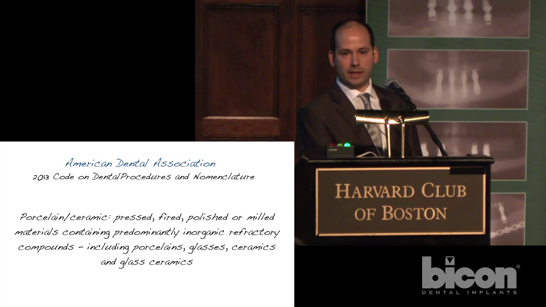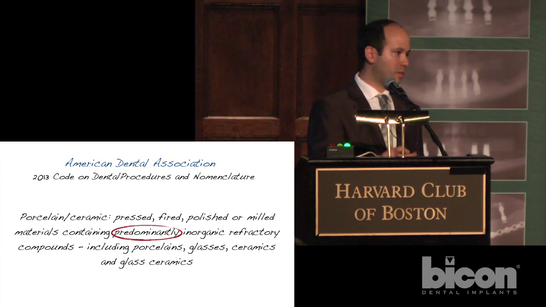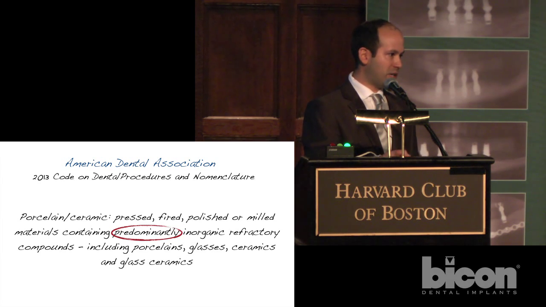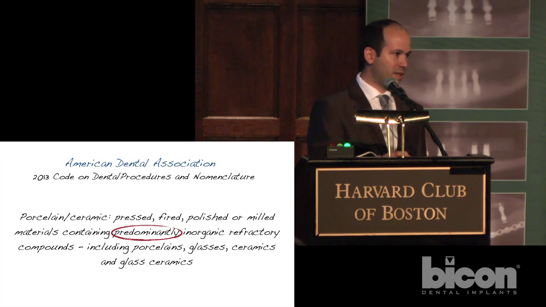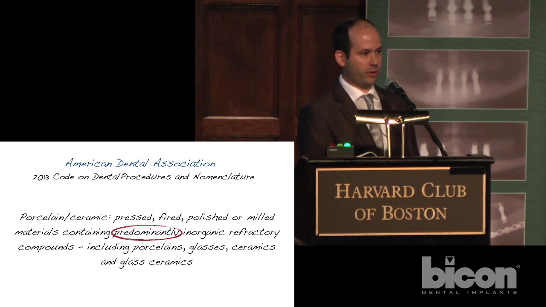So note that the word predominantly changes everything here. That means you can have some amount of organic matrix and some ceramics embedded in it, and it will be called porcelain or ceramic.